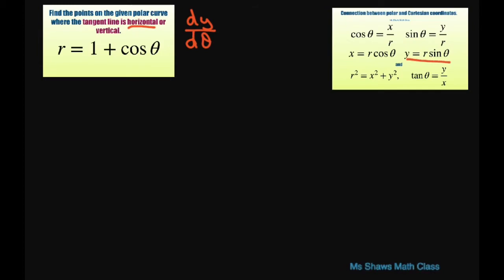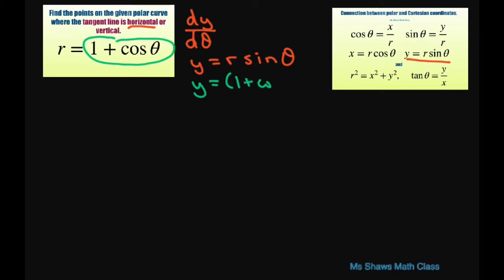So our y equals r sine of theta. You substitute in your r, and you get y equals 1 plus cosine of theta times sine of theta. Now we can differentiate our y with respect to theta using the product rule.